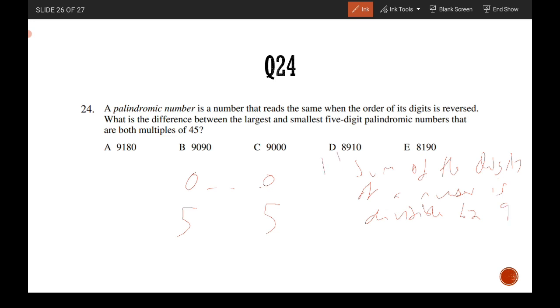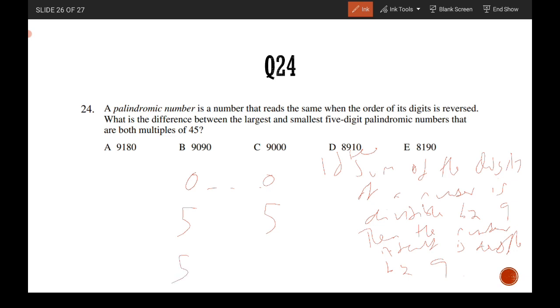I've already written it wrong. If the sum of the digits of a number is divisible by 9, then the number itself is divisible by 9. With that fact in mind, we just then need to maximize and minimize.